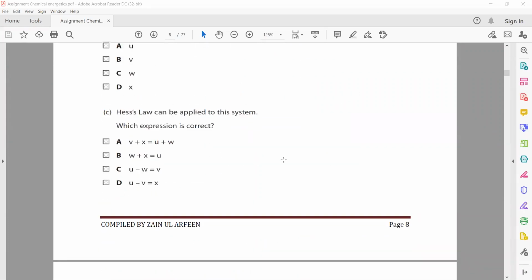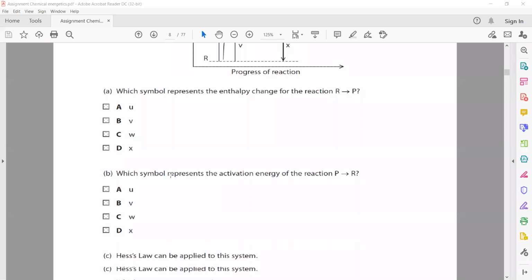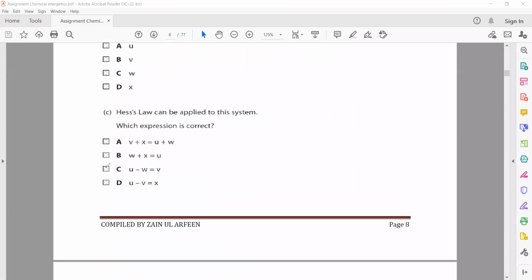And U minus W is equal to V. That's right, because U is pointing up, W is pointing up, and when we subtract them, that will be equal to V, so endothermic. So C is the right answer for question 8.